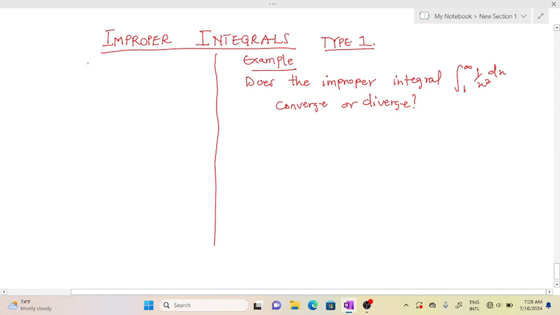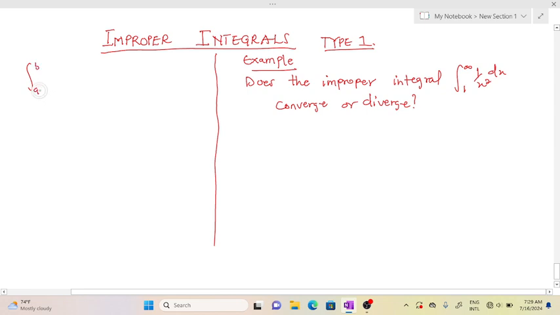So in this video, I'll be taking you through improper integrals type 1. Now, what do you mean by improper integrals? In our previous lessons on integration, we realized that for a definite integral, you have upper and lower limits a and b.